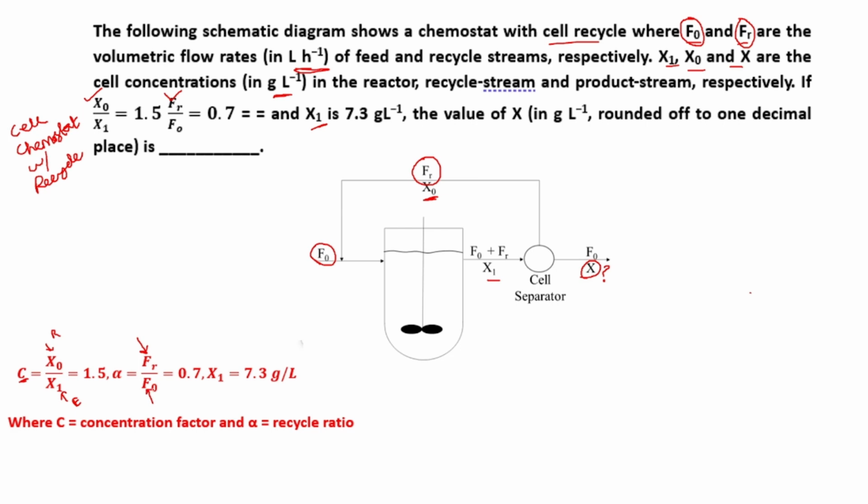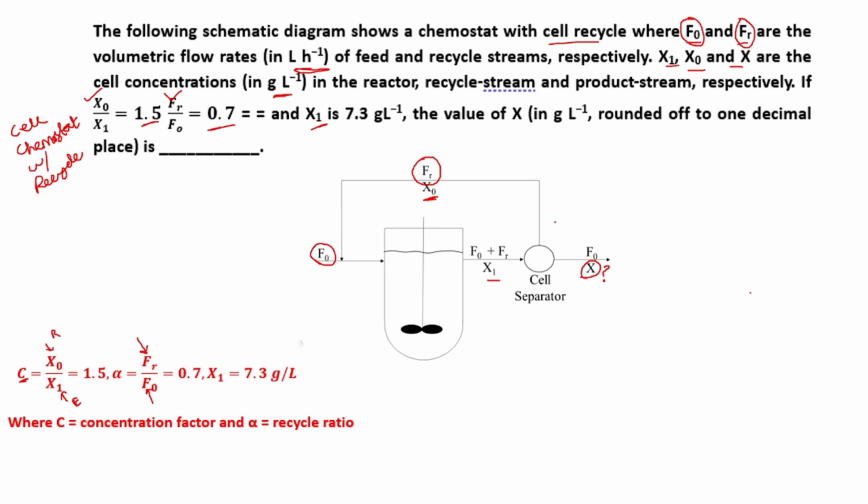So you need to know the terminologies of two important quantities. The condition they have given, x0 by x1, is the concentration factor, and Fr by F0 is the recycle ratio.